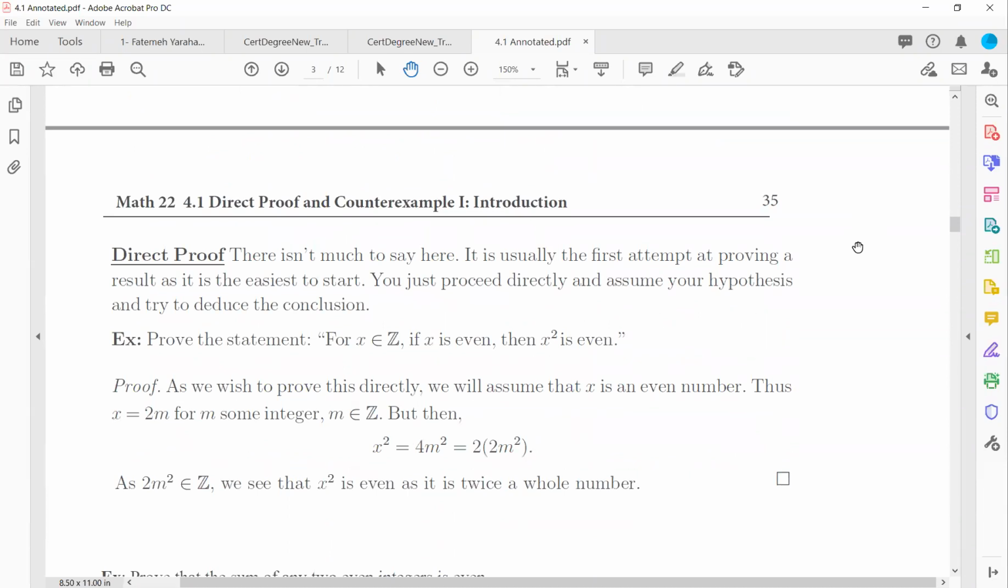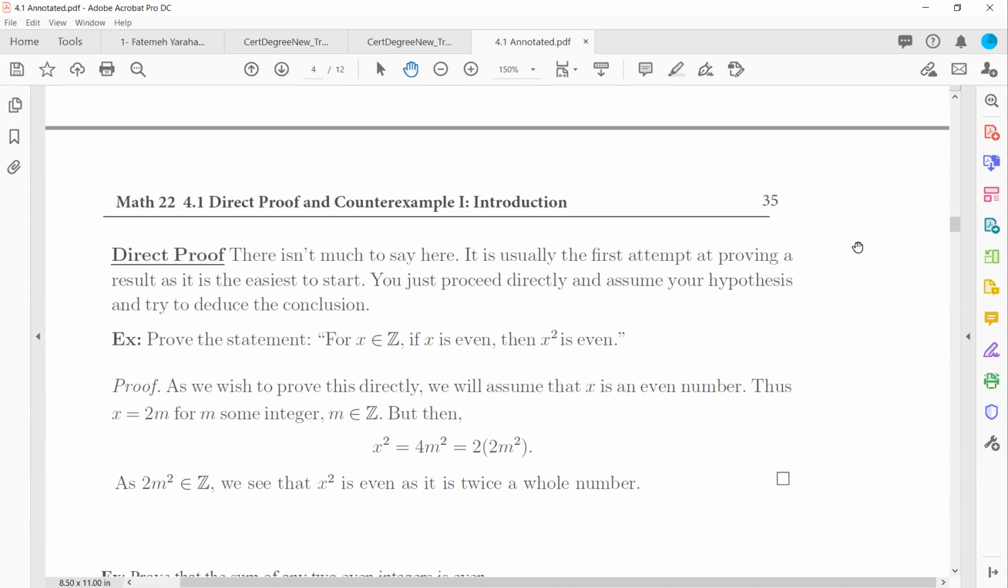Direct proof. When it comes to direct proof, you try to use the definitions and combine them together somehow and deduce the conclusion.